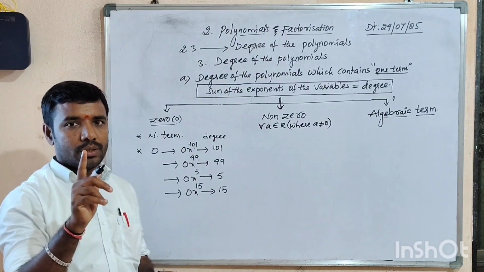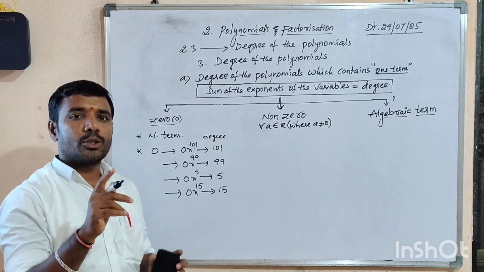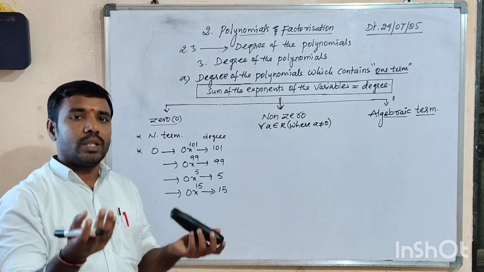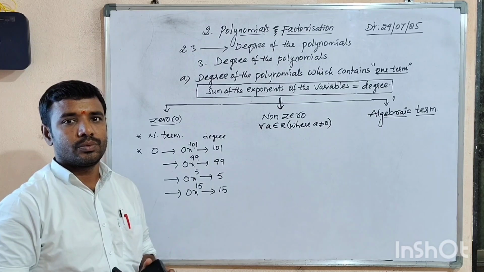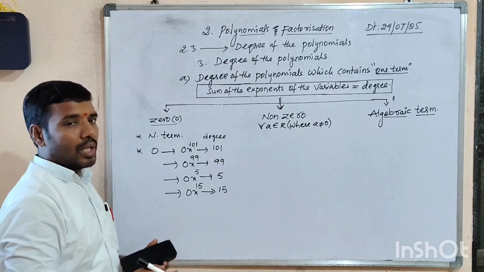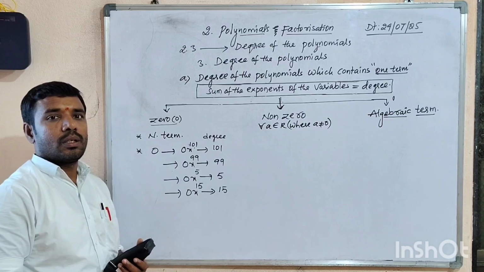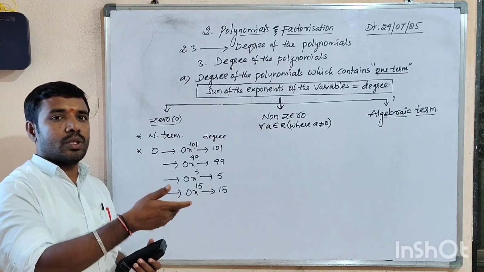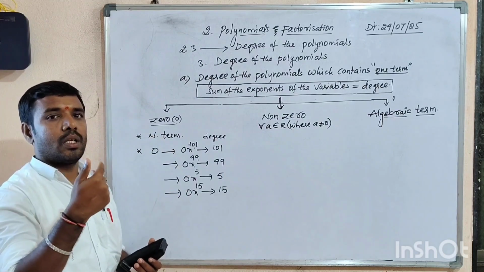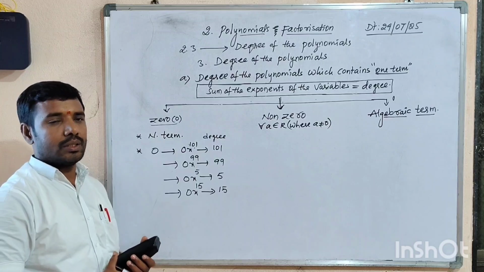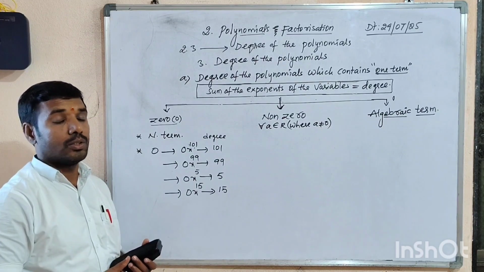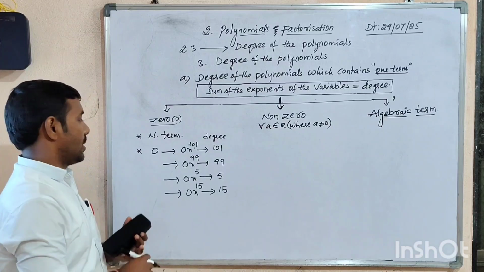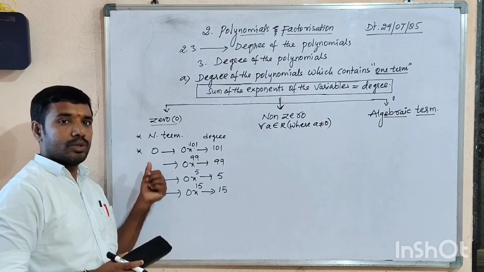Simple thing, students. 0 can be expressed in many ways with the help of a variable. So according to the situation, we have to answer the degree of 0. In a sense, there are many zeros, and there are many degrees of 0.